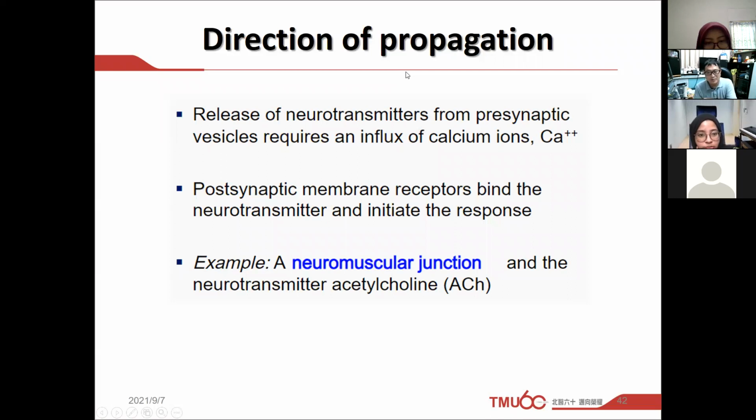The vesicles contain a lot of different neurotransmitters, glutamic acid, something like that. So they need to release those vesicles at the nerve tip to communicate with another nerve, and this connection we call the neuromuscular junction. If the neuron contacts the muscle, this gap we call the neuromuscular junction.